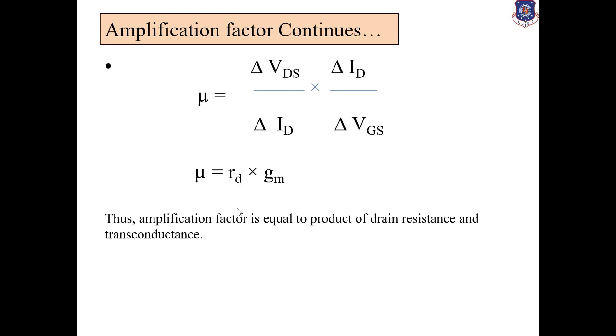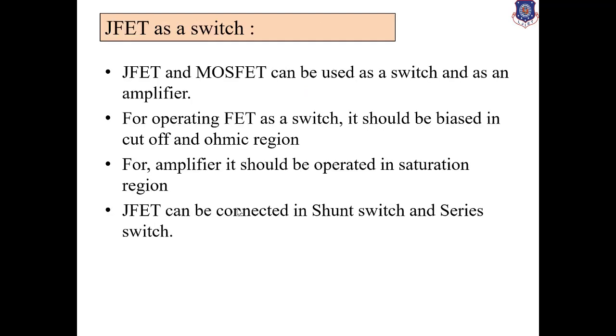After understanding all these definitions, there is also another application of FET. The first application is as a switch. So let's study the JFET as a switch. JFET and MOSFET can be used as a switch and as an amplifier. In this lecture, we will study the JFET as a switch.